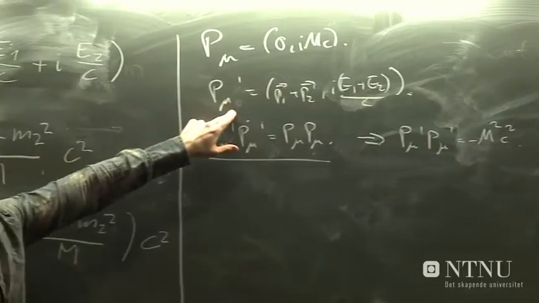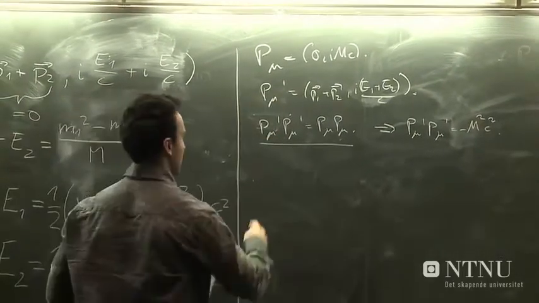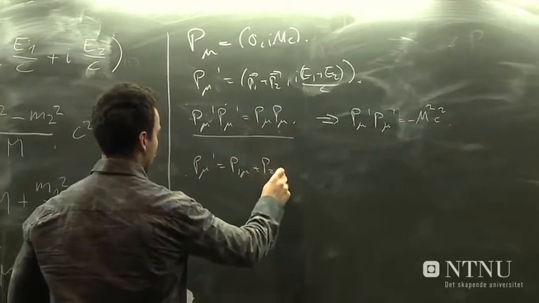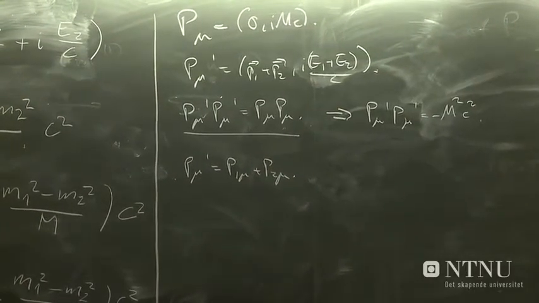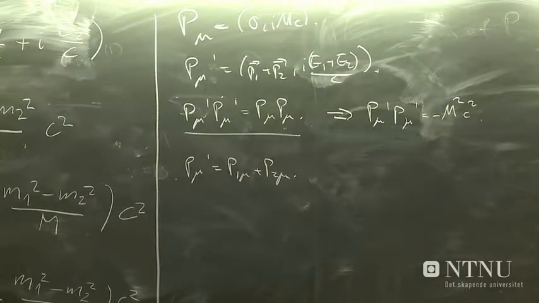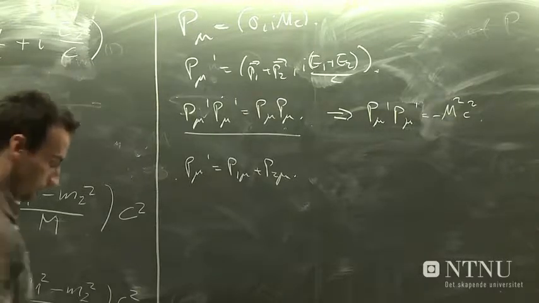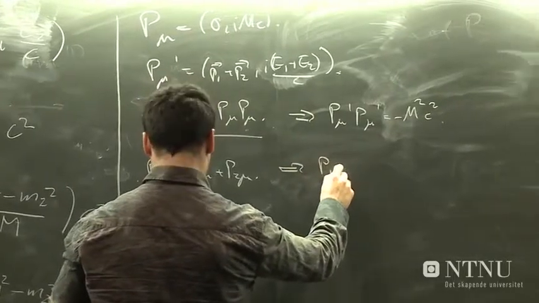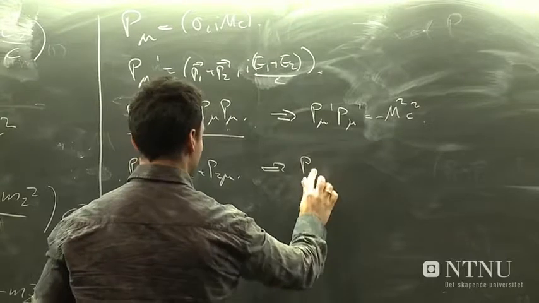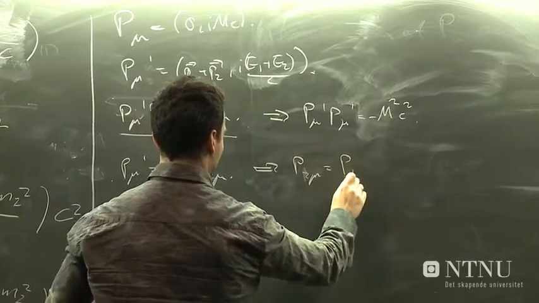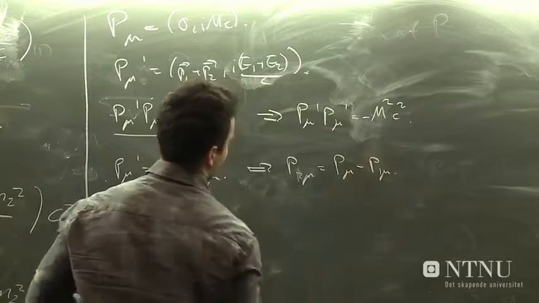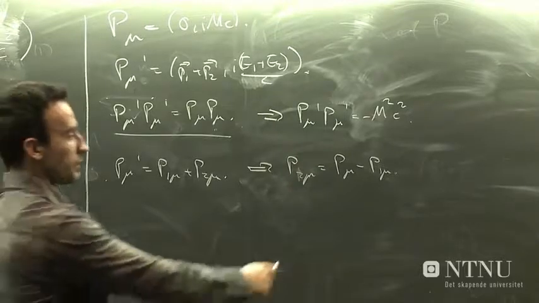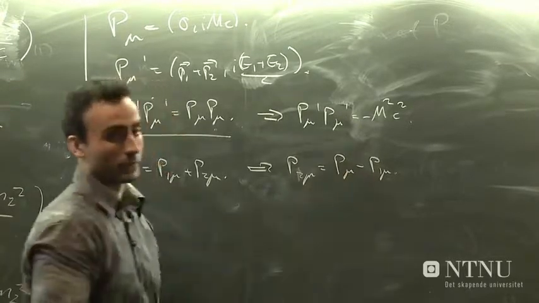All right, so the four momentum after the collision we should be able to write as the sum of the four momentum vectors of each particle, 1 and 2. So P2 mu, the four momentum vector for particle 2, is equal to the total four momentum vector minus P1 mu.